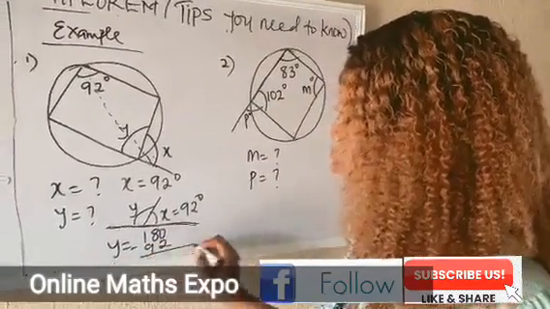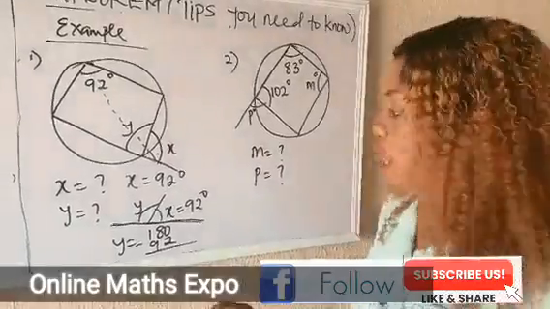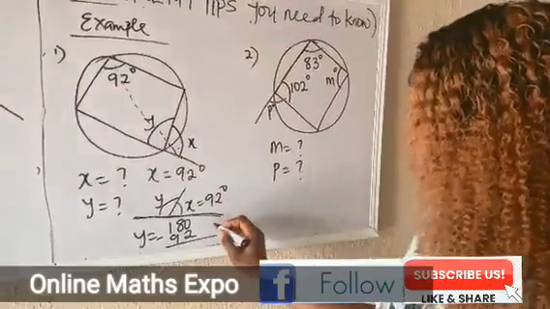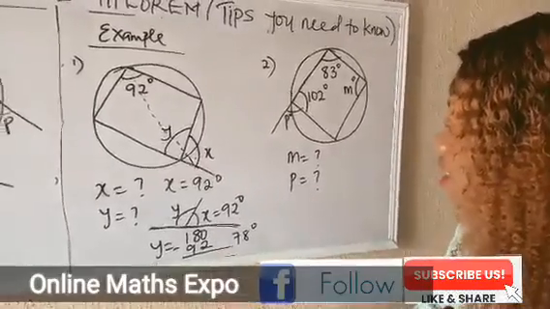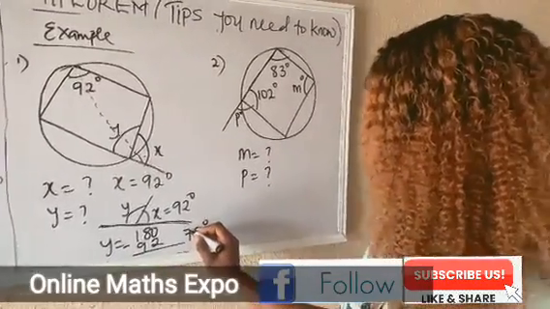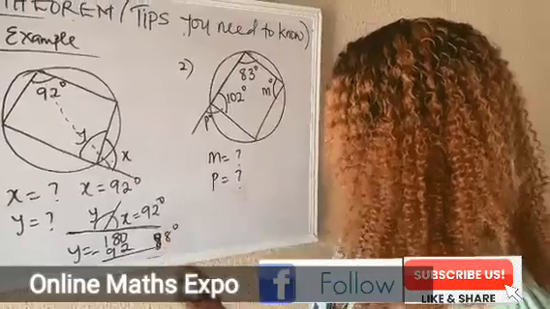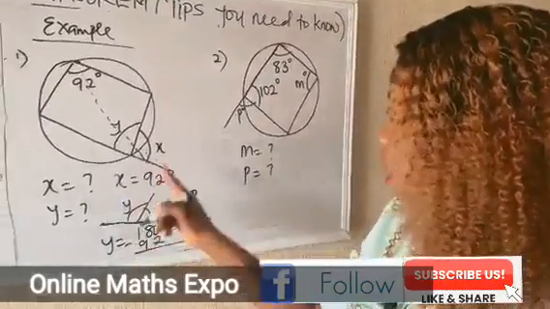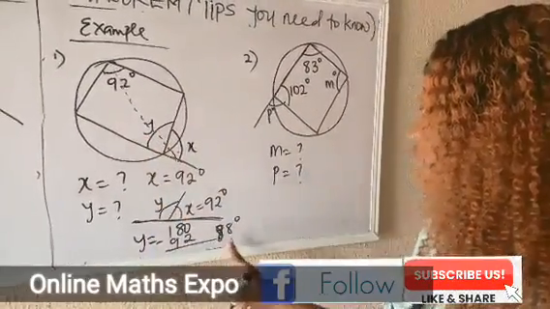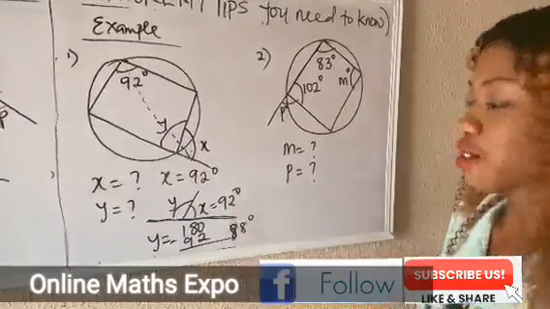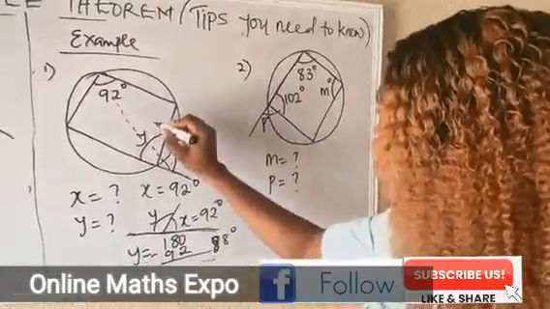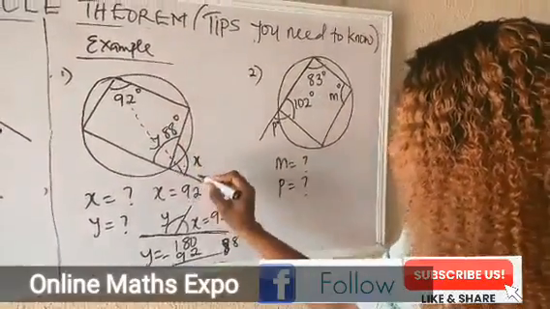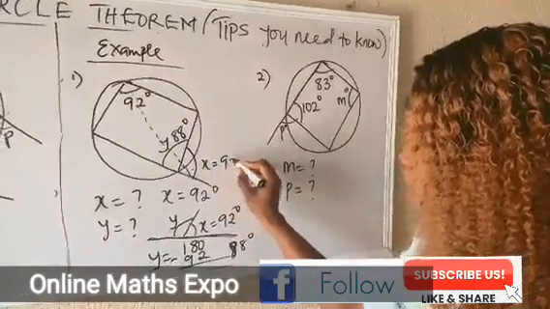When you subtract 92 from 180, we are going to have 88 degrees. And that is the value of y. So when you add 88 and 92 degrees together, it will still give us 180. So here is 88 degrees, and here is 92 degrees.